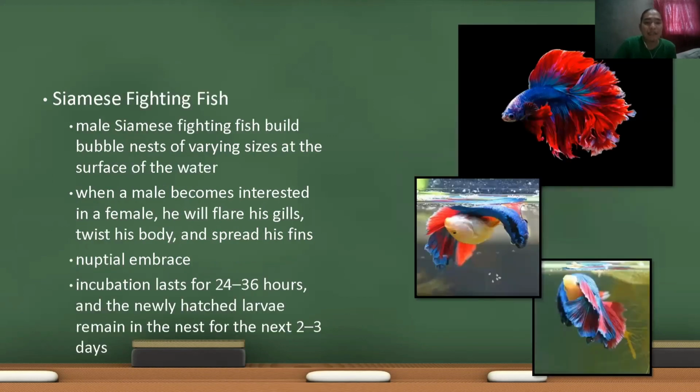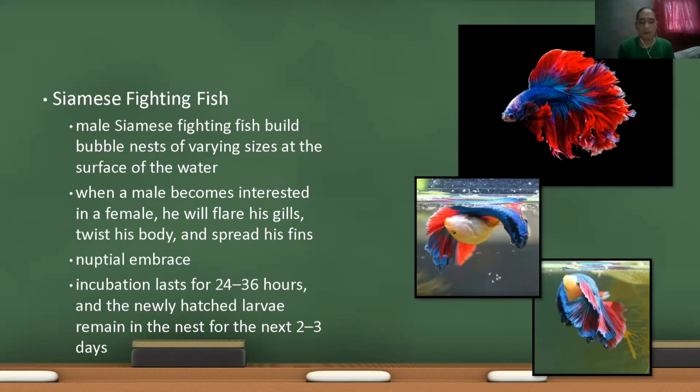Lastly is the Siamese fighting fish. Before spawning, male Siamese fighting fish build bubble nests of varying sizes at the surface of the water. When a male becomes interested in a female, he will flare his gills, twist his body, and spread his fins.